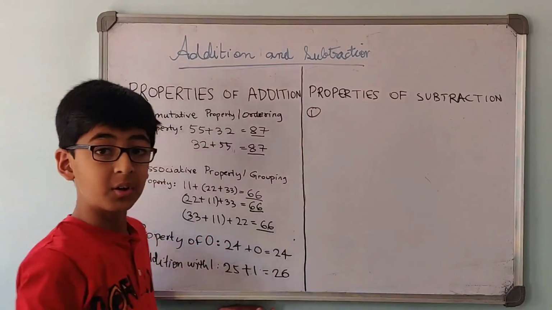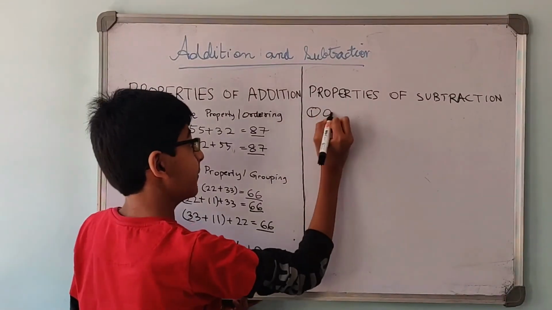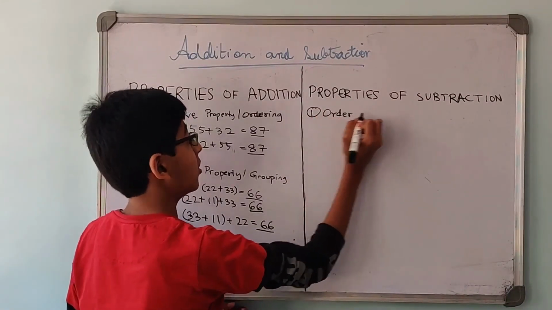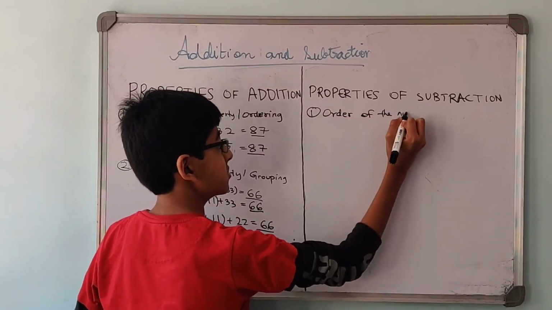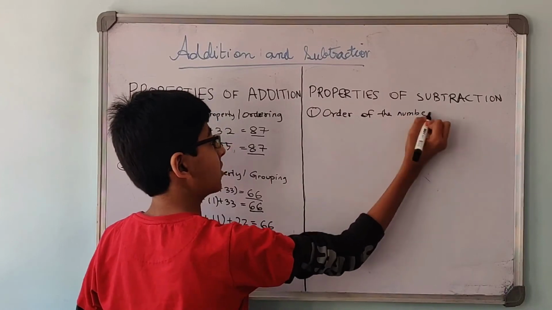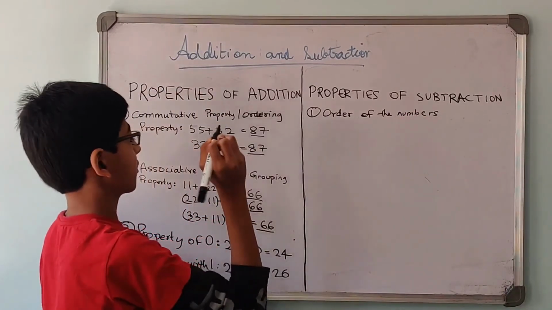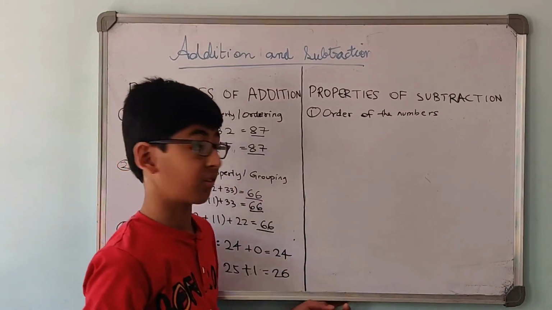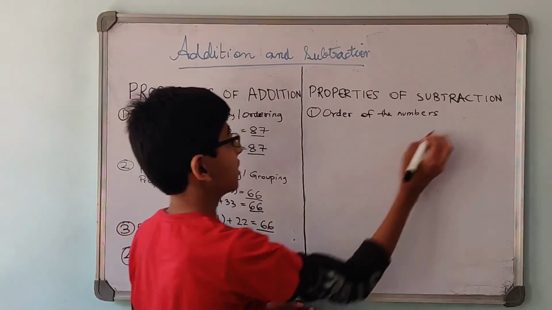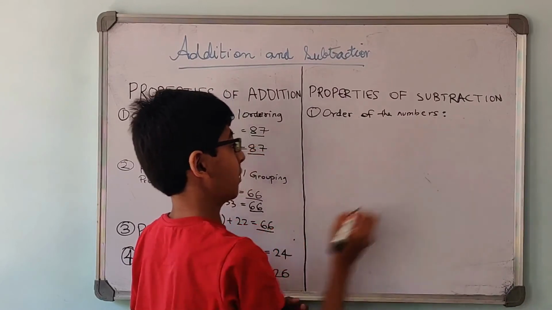The first property of subtraction is the order of the numbers. Like how in addition the property was the commutative property, where we reverse the order of the addends and get the same answer, in subtraction this does not work.